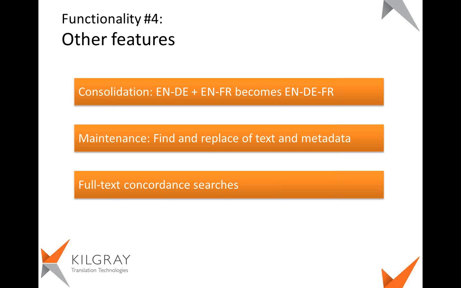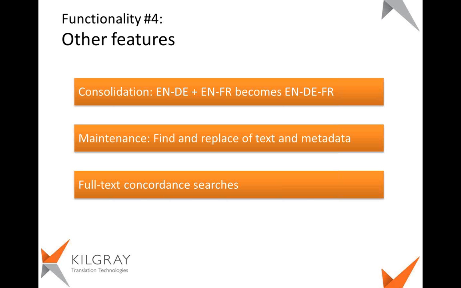Now you can import both of those into the TM repository and tell the system that you want this to become a multilingual resource. So in the end, you want translation units with 3 languages that contain English, German, and French text.